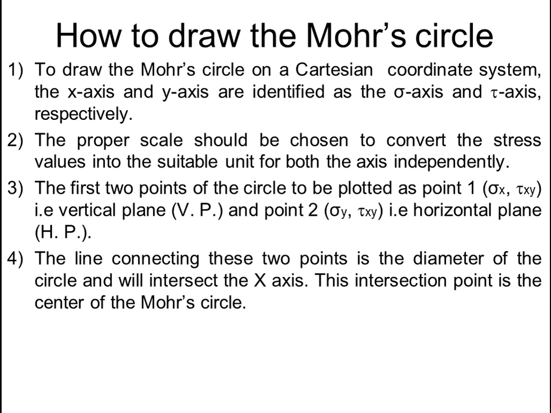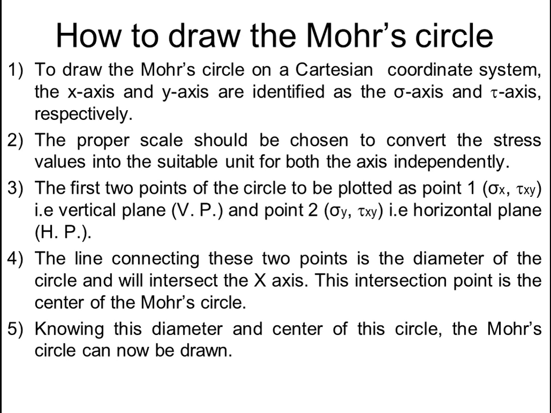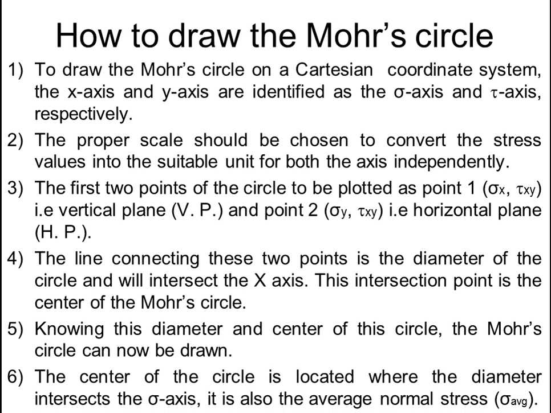The line connecting these two points is the diameter of the circle and will intersect the x-axis. This intersection point is the center of the Mohr circle. Knowing this diameter and center of the circle, the Mohr circle can be drawn. The center of the circle is located where the diameter intersects the sigma axis. It is also the average normal stress.